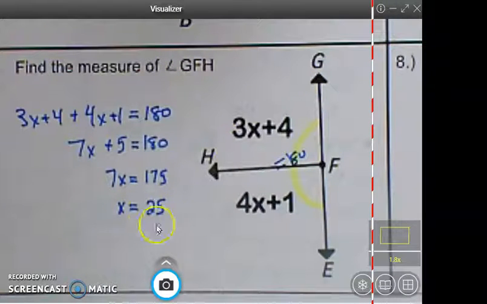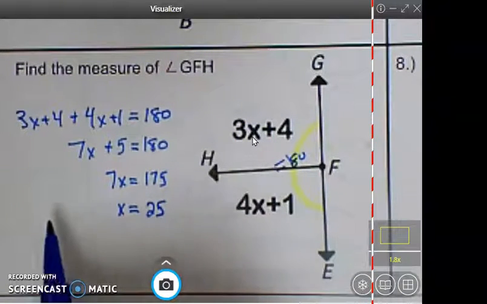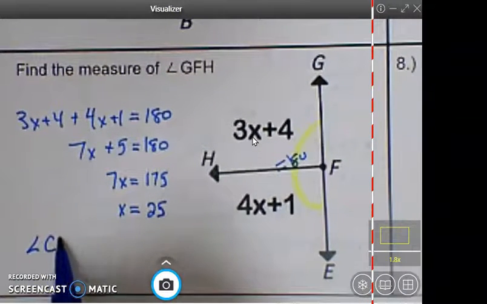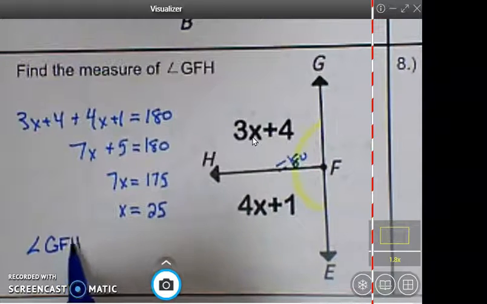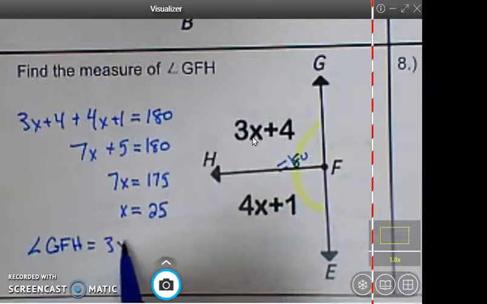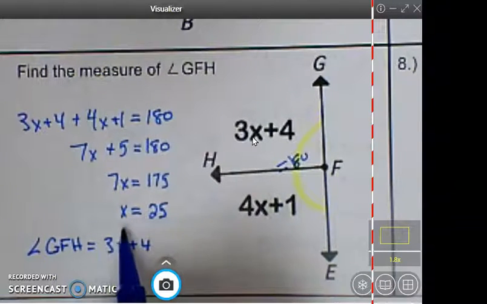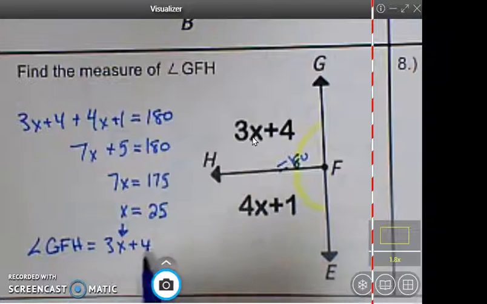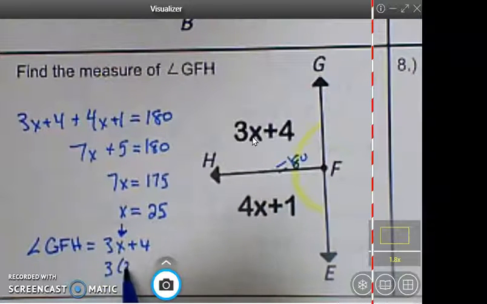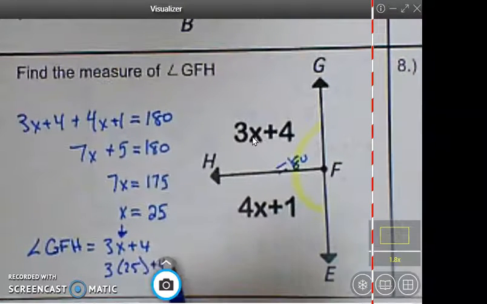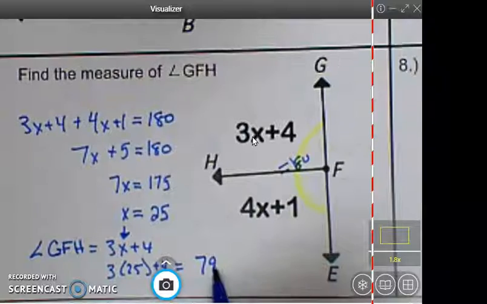So I'm going to substitute this 25 in for that x. Plug in that x right there. I've got 3 times 25 plus 4 gives me a total of 79.